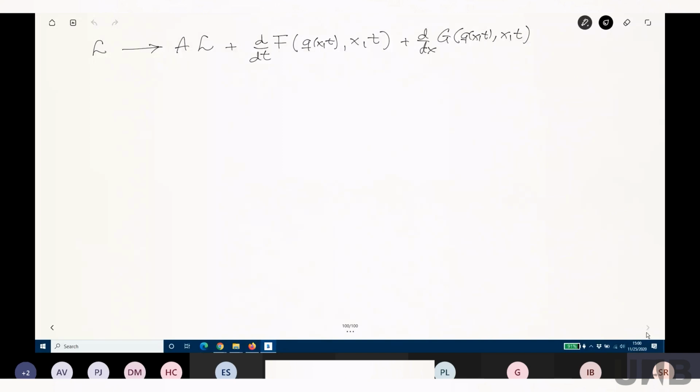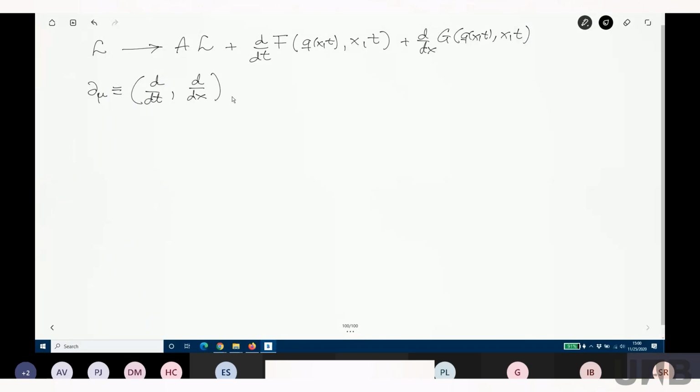So we can immediately say, look, I'm going to define a derivative. I'm going to call it d mu, and this is going to be a derivative with respect to time, comma, derivative with respect to space, x, okay?